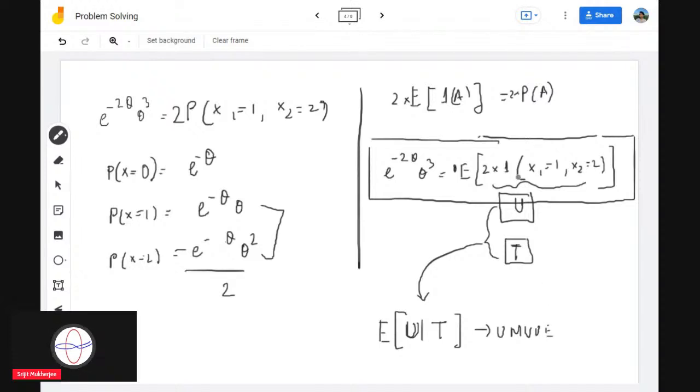Did you understand that? We cannot find it directly, but the expectation of U given T is the UMVUE. Now we'll calculate the UMVUE right now.